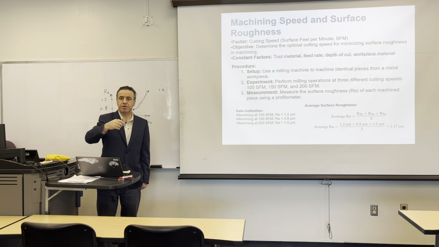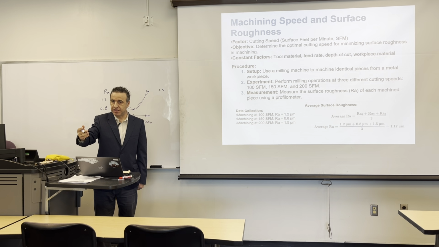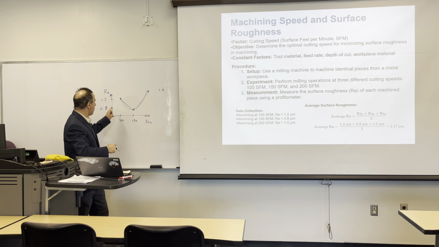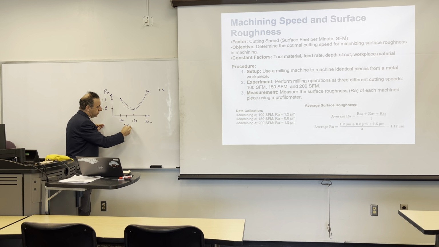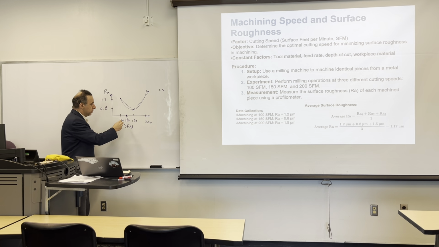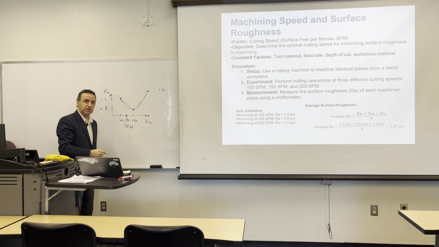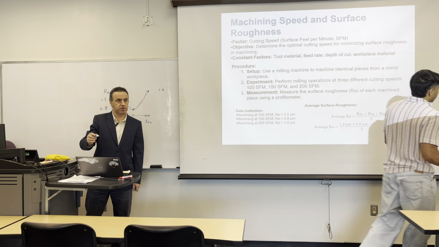That model can be used for predicting roughness with SFM at a point that is not tested, right? You want to predict what roughness you will get if you had SFM 120 without experimenting, right?